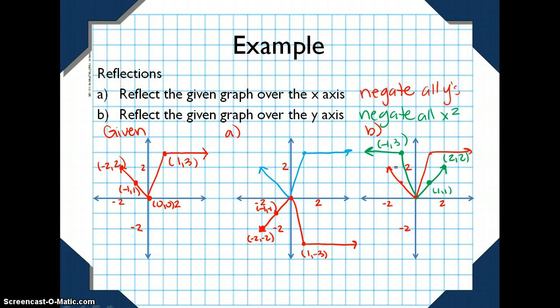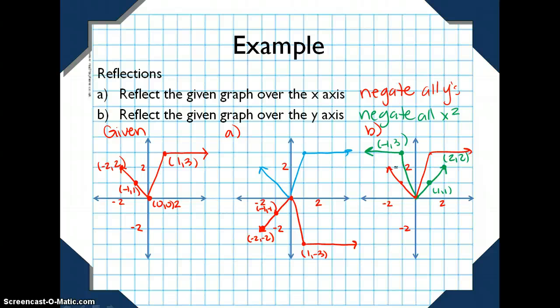Okay. So again, if you were to fold the second one along the y-axis, the two graphs would overlap. And again, that's the whole point of a reflection. It's very similar to your reflection in a mirror. They're going to be mirror imaging each other. And so depending on if you reflect over the x or the y-axis, you simply negate the other variable.